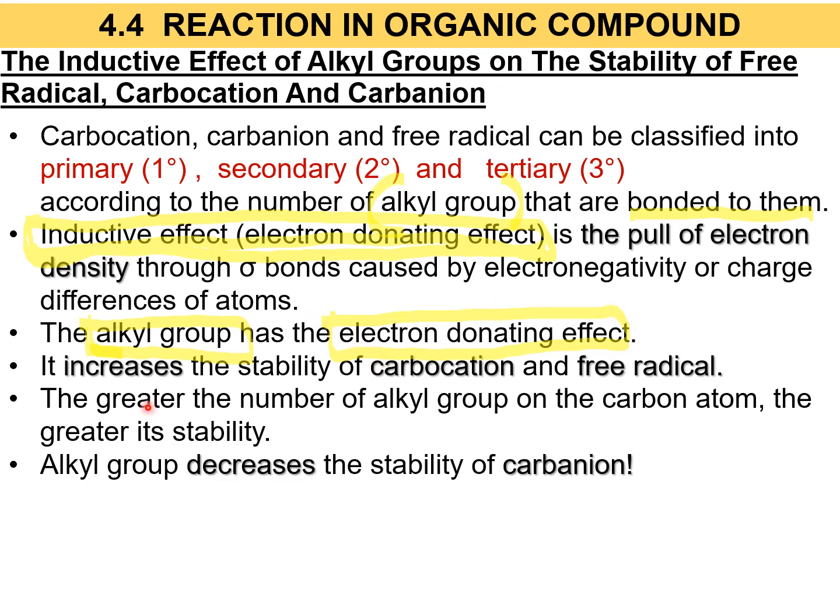Alright, so the greater the number of alkyl groups on the carbon atom dekat carbocation and also carbon free radical, the greater the stability of the reaction intermediates. But carbon anion dia tak suka electron donating effect. Okay, so lagi bertambah banyak carbon atoms dekat carbon anion, lagilah dia jadi tak stable.